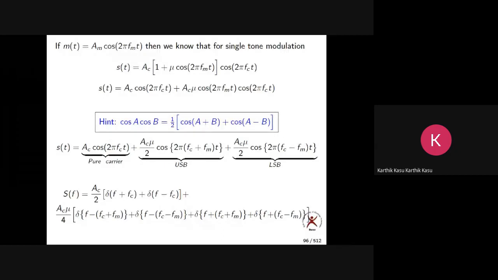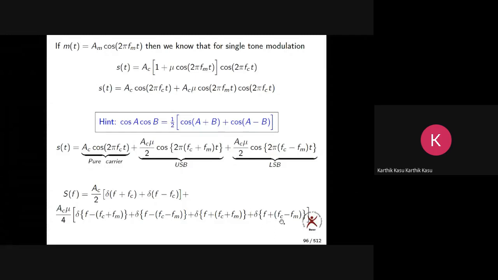So this is the answer. Look at the answer. Is the answer okay, all of you? Now, how many impulses are there? 1, 2, 3, 4, 5, 6.